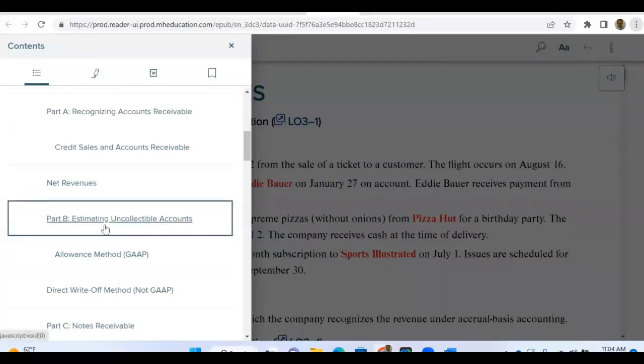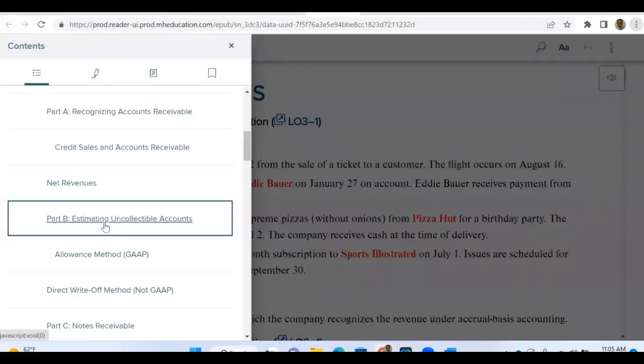And we also like to know how to estimate uncollectible accounts or bad debt expense, right? You normally need to estimate that and recognize a proper amount of bad debt expense on December 31st each year at the end of the calendar year for your company. The reason is, the bad debt expense, you cannot wait till it happens.